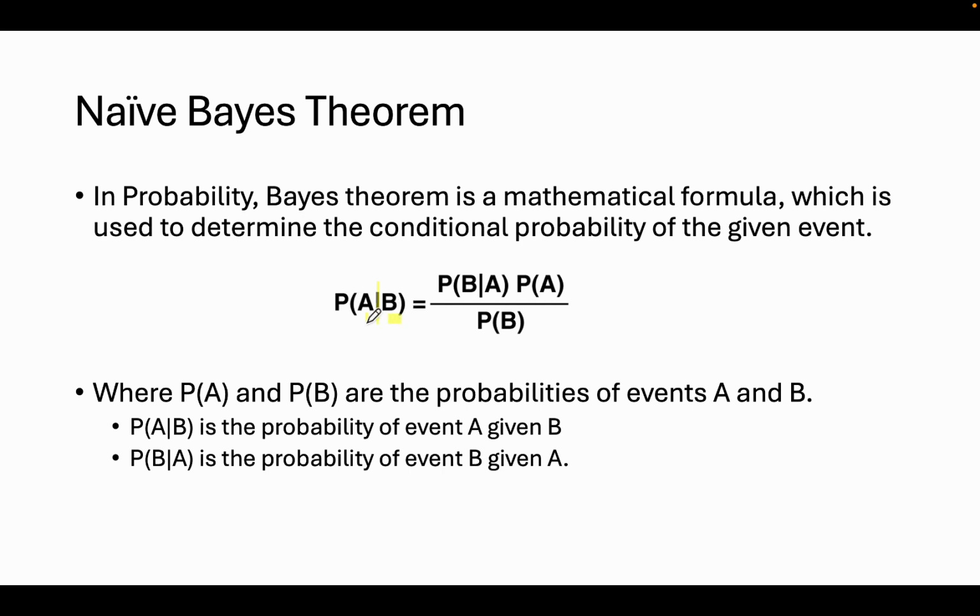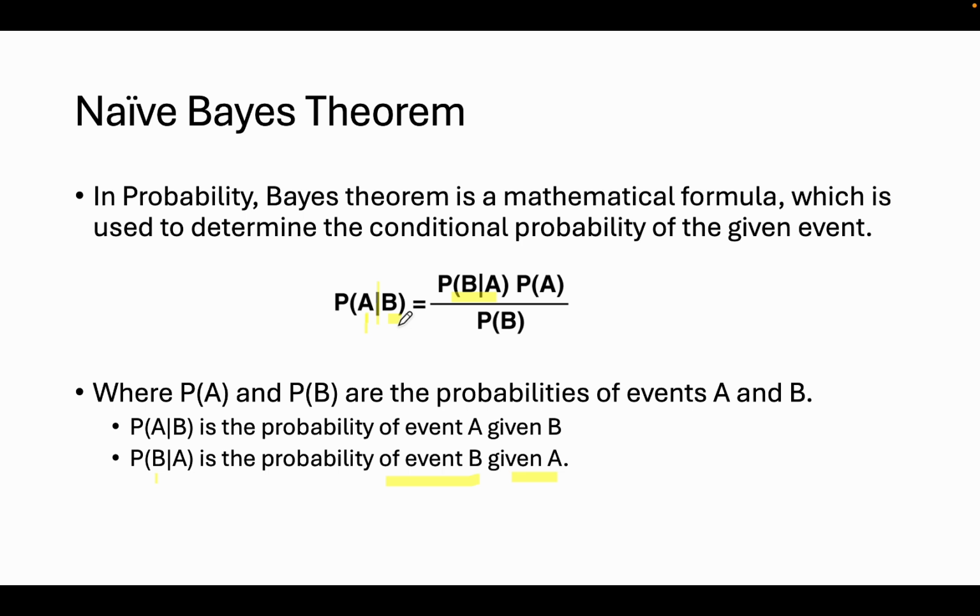So if we want to calculate this probability, we have this equation over here, which is to calculate the probability of event B, given that A has already happened. This is what this actually means. Multiply by the probability of A and then we divide it by the probability of B. So using this formula, we can calculate the conditional probability of this, given that this event has already happened.